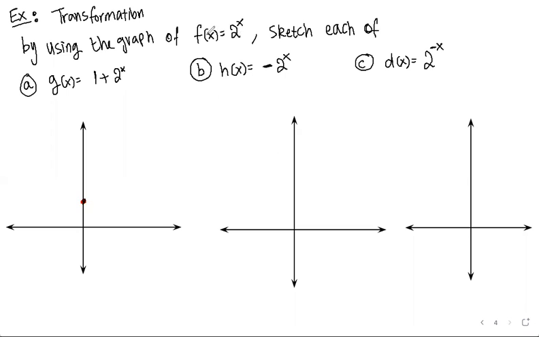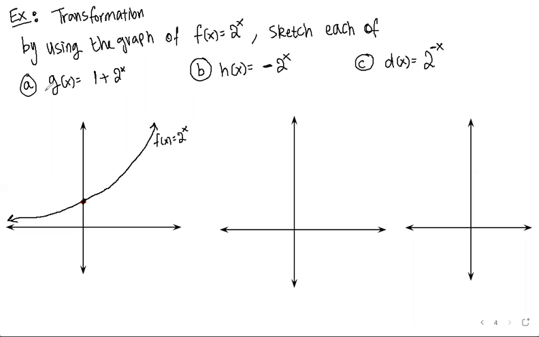So here the same thing. F of x equal 2 to the x, 2 is greater than 1, so the graph will be something like that. The horizontal asymptote here is the x-axis, y equals 0. This is my original function, f of x equal 2 to the x.